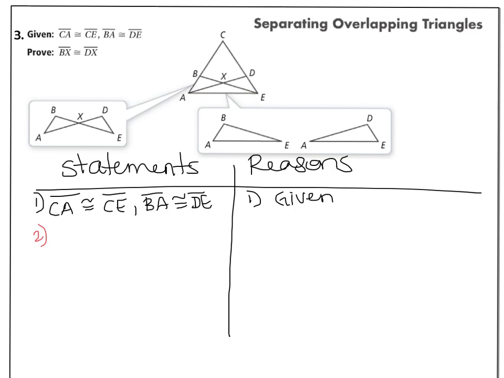So specifically, angle CAE is congruent to angle CEA. I could have said BAE and DEA because that's the same angle. Again, my reason here is because those opposite sides were congruent, then the opposite angles are congruent, and that's the isosceles triangle theorem that tells us that.